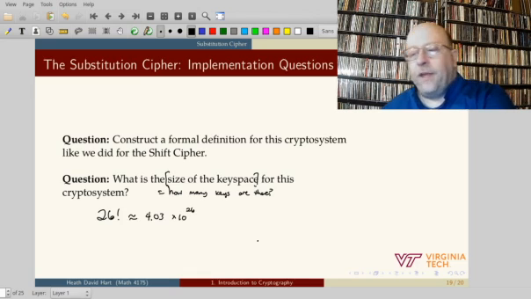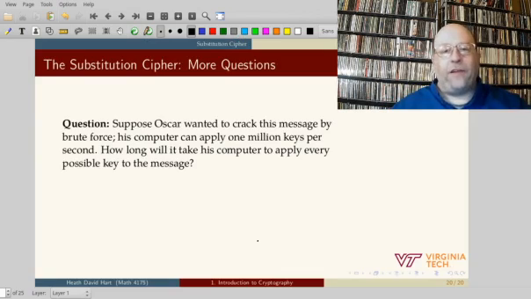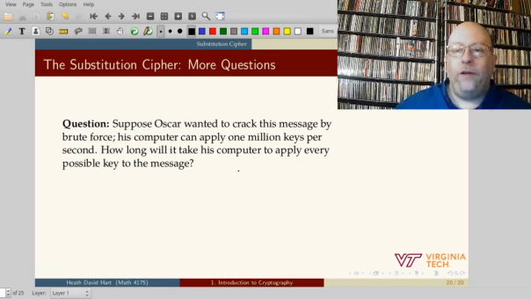Let's think about how large that number actually is. Suppose Oscar could crack this message by brute force. His computer can apply 1 million keys per second. How long will it take his computer to apply every possible key to the message? So there are 4.03 times 10 to the 26 keys.